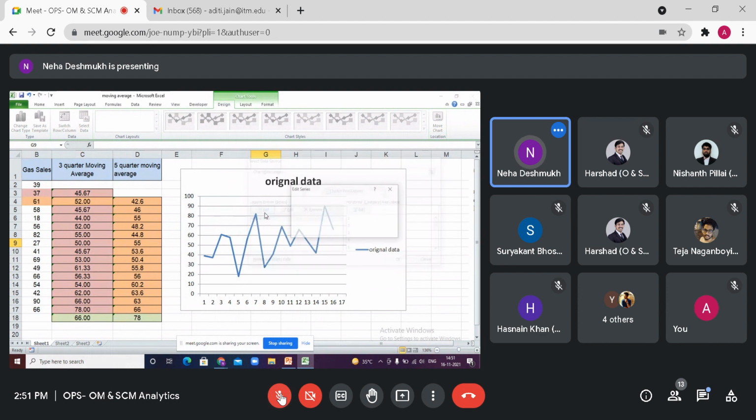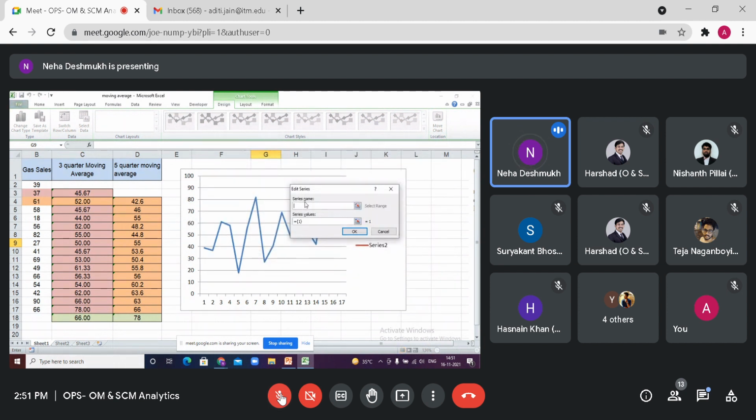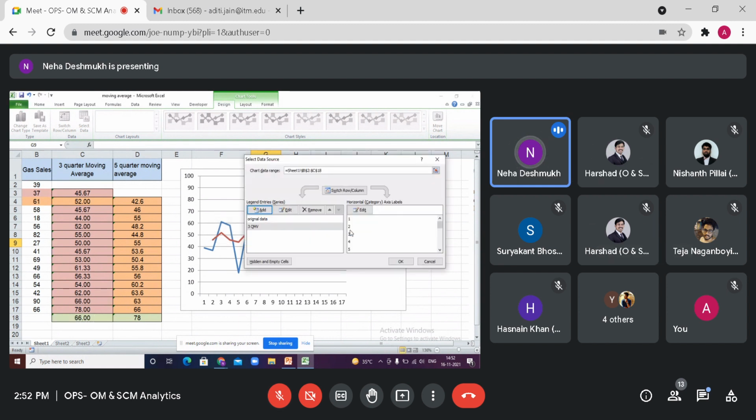Again, add series name, three quarter moving average. Select the series from the second cell, this one, or you can select it from the first also. And okay.